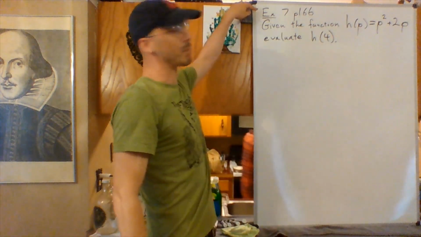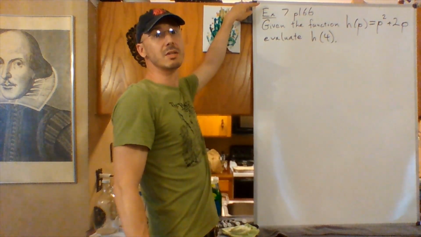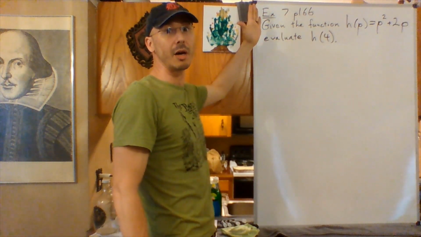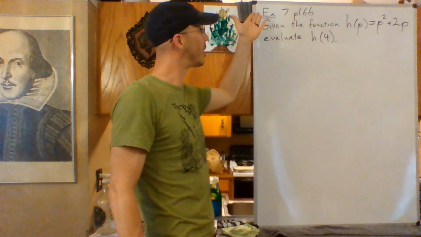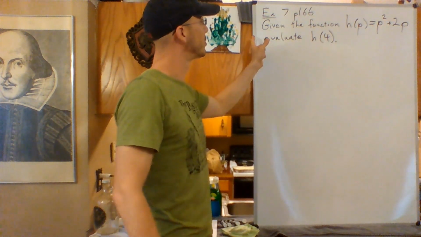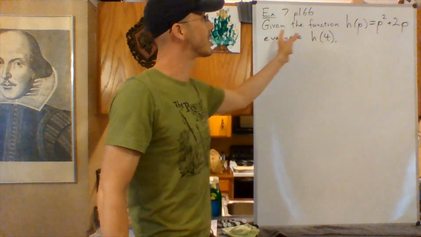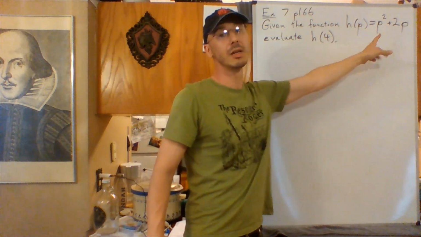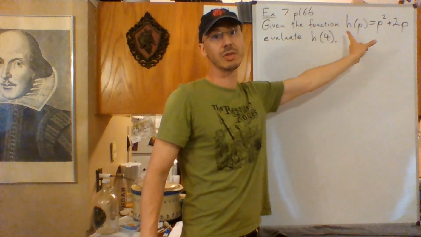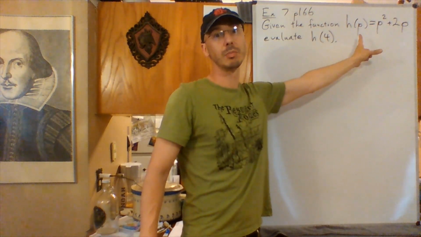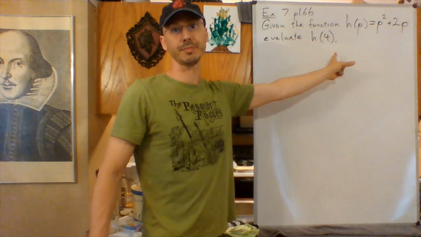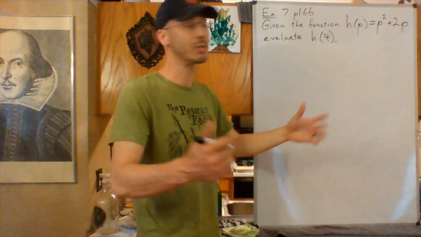Let's continue with example 7 from page 166. This isn't a completely new process, but there's a little bit more notation here. For example, the problem says given the function h of p equals p squared plus 2p, that's a function h and an input variable p. Evaluate h of 4. So we've got new letters, but we're doing the same thing.